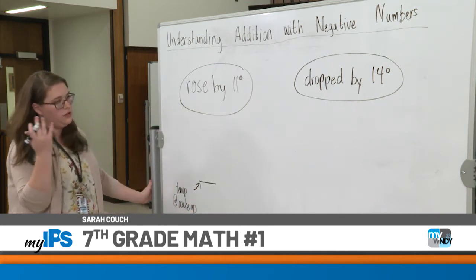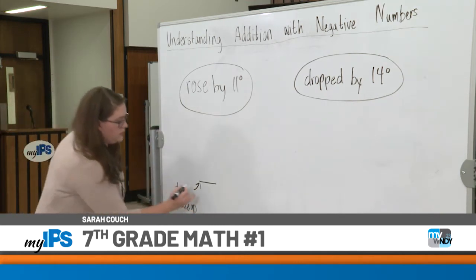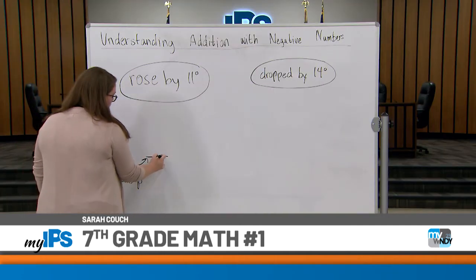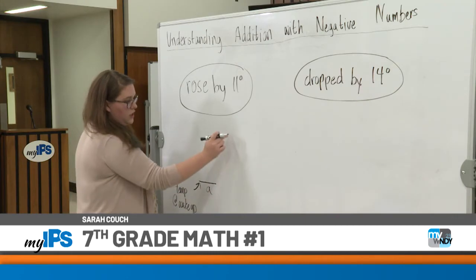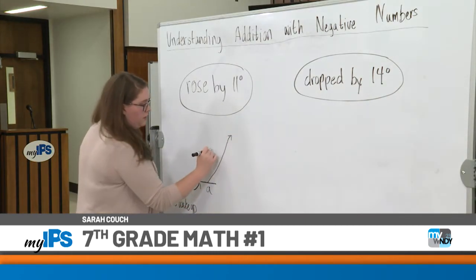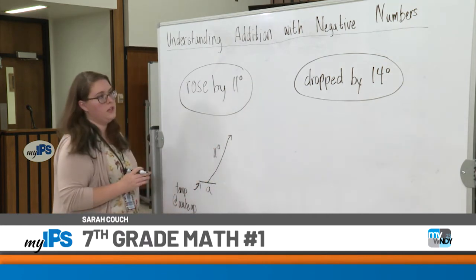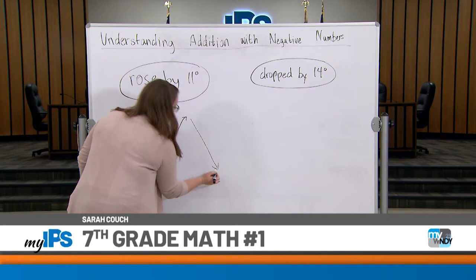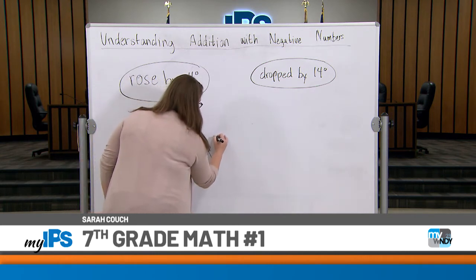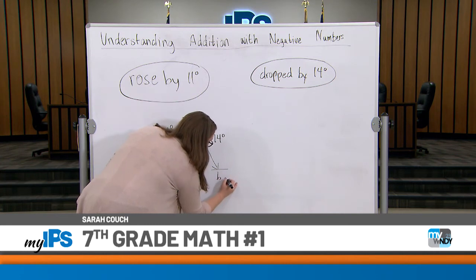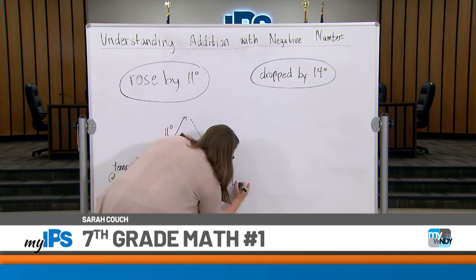It didn't tell us in the story, so we'll just call it A. From the time he woke up to lunchtime, it rose, which means the temperature went up 11 degrees. Then from lunchtime to bedtime, it dropped or went down 14 degrees. And this is B, or temp at bedtime.